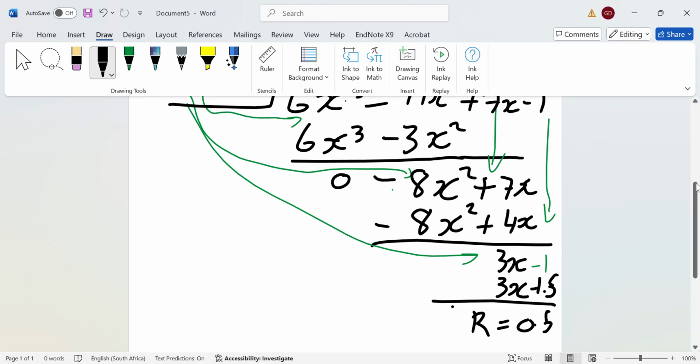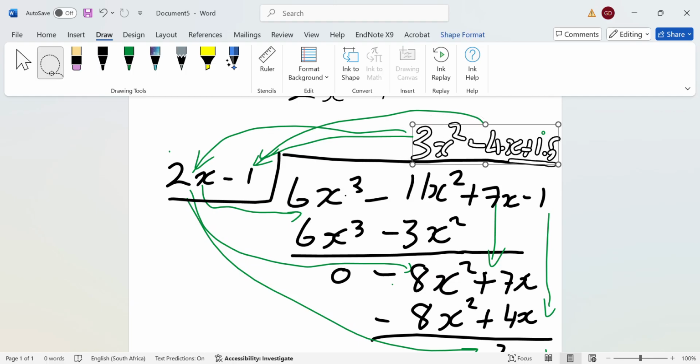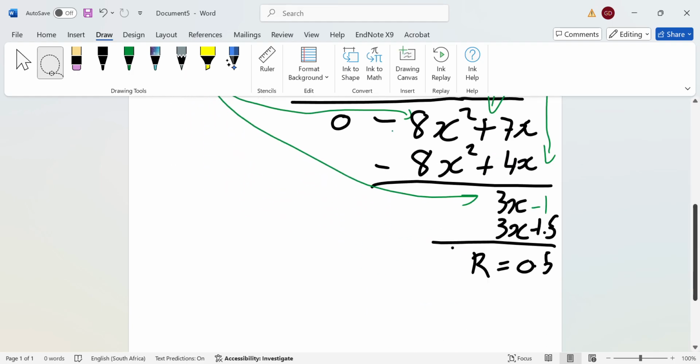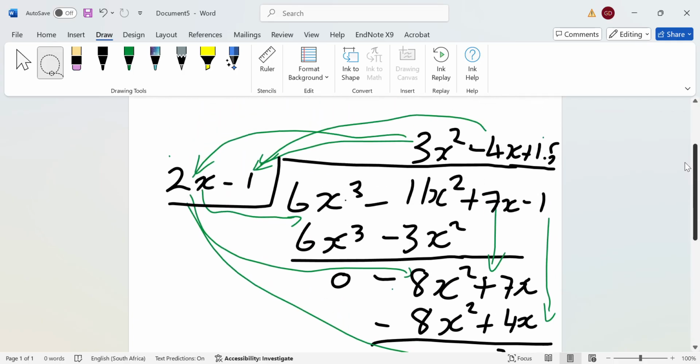Once you have that, now you've got your quotient, being that expression there, and then you've got your remainder as well, being 0.5. So you're going to write that in quotient form.